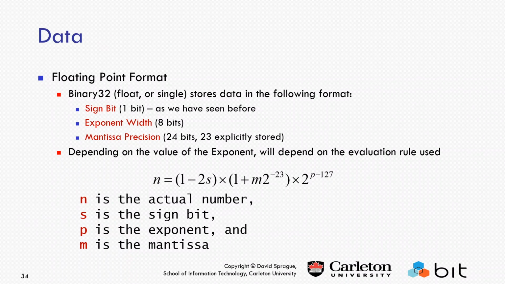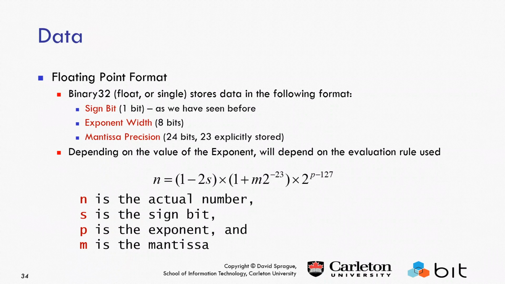So here's the approach. We'll have a sign bit. We'll have a bunch of exponent bits, 8 of them for a floating point number, and then 24 bits, 23 explicitly stored bits but 24 bits in total. I have to look into that a little bit in a second. We have the actual value that we're dealing with, the mantissa.